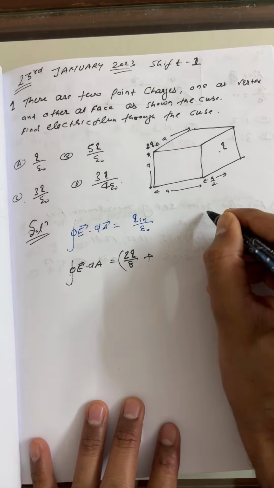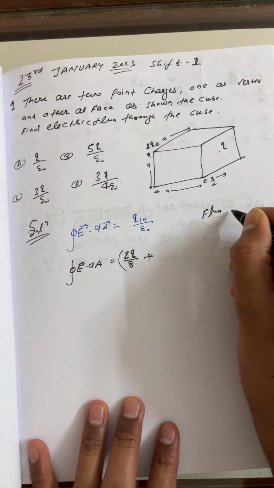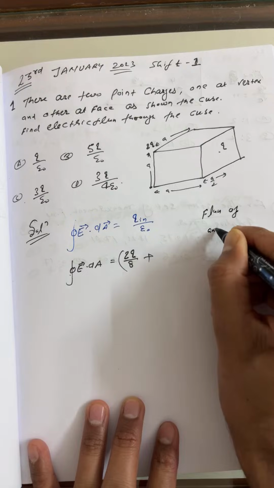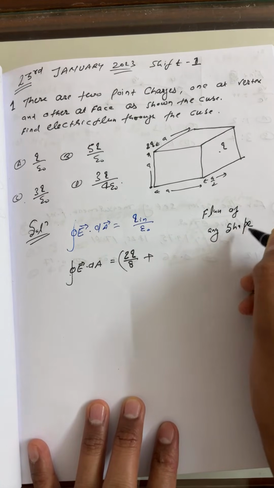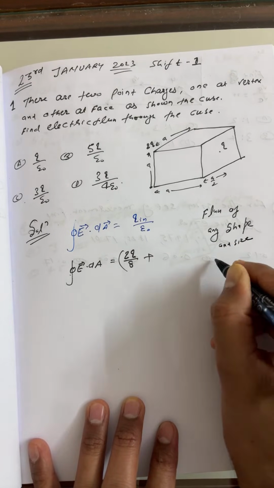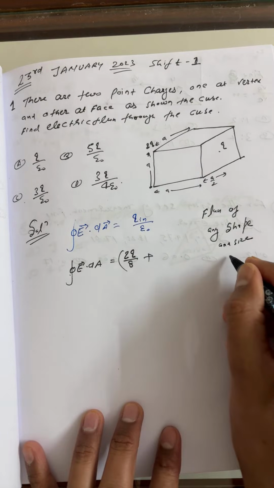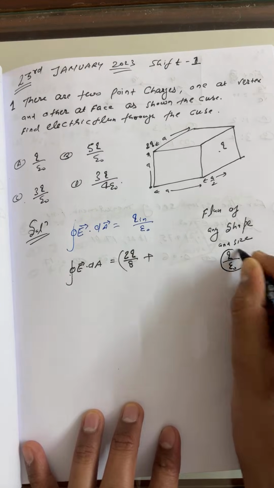I hope all of you remember, the flux for any closed surface of any shape and size is q upon epsilon naught.